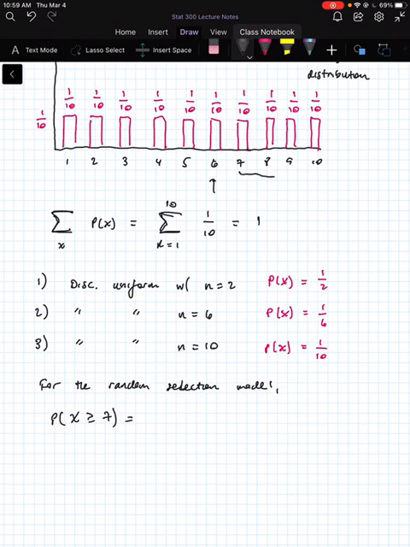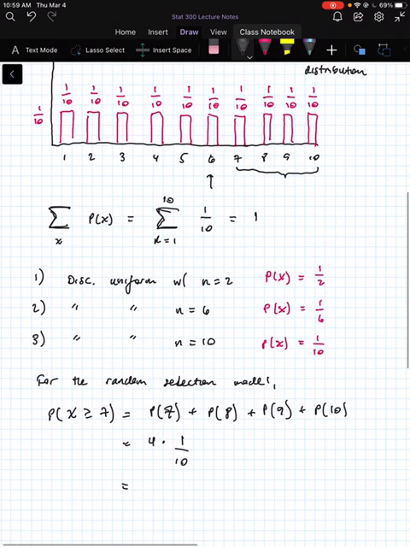Then you're just taking 7, 8, 9, and 10 and adding those probabilities together. But since they're all the same, it's the same as just taking the number of outcomes, so 4, times the probability of each one, which is 1 over 10. And that's 4/10, or 0.4. And we can do that for all of these different kinds of probability distributions, where we are representing all possible probabilities in this graph or using a table.